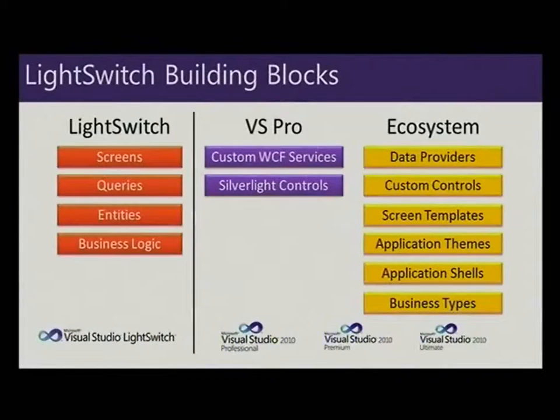And the business type will have all the validation rules about what goes where, perhaps a bunch of stuff around formatting, some stuff around input, so what should it look like when you do input, as well as things around how it should get persisted in the database and rehydrated.